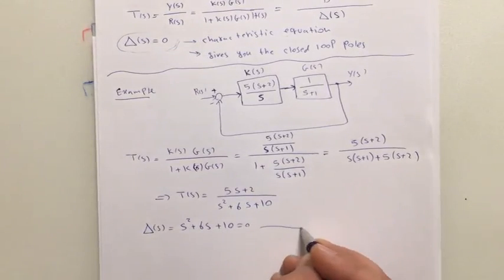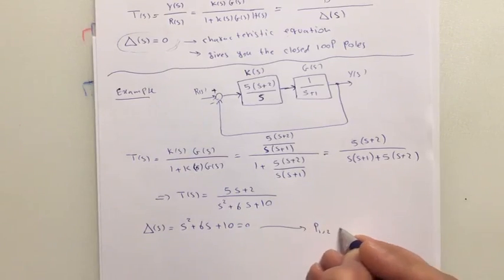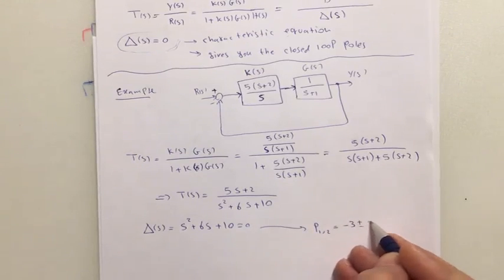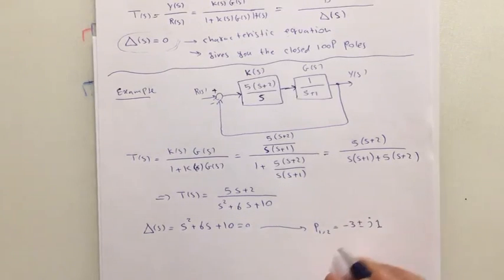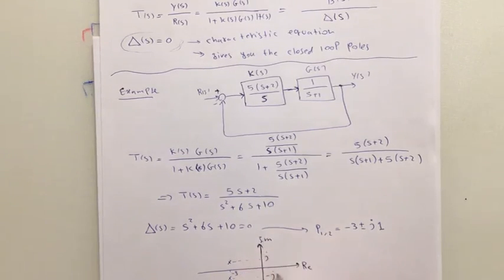We get two poles, p1,2 equal to minus 3 plus/minus j1, which means the system has two poles at minus 3 plus/minus j, real and imaginary parts.